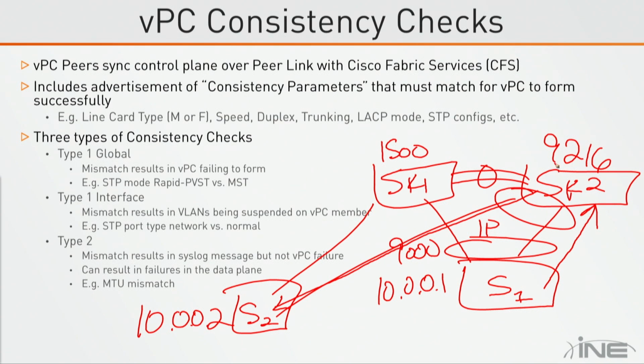So it's saying, I'm using 9216, your frame size is 9,000. Okay, it's going to be within my range of what I can accept. But any packet that goes to the left, that goes over to 5K1, it's going to get dropped in the backplane as the traffic tries to enter.